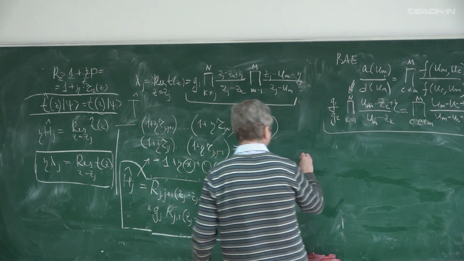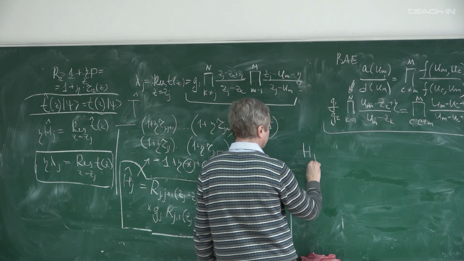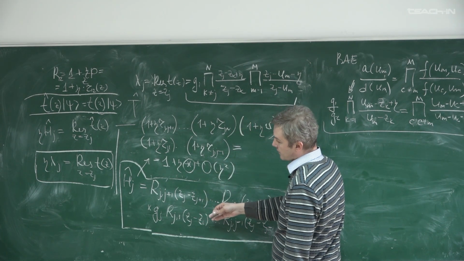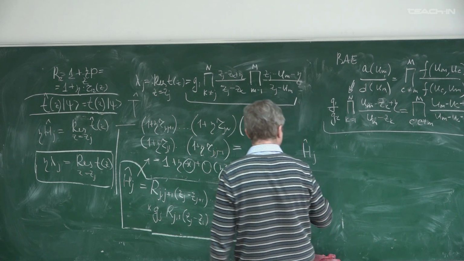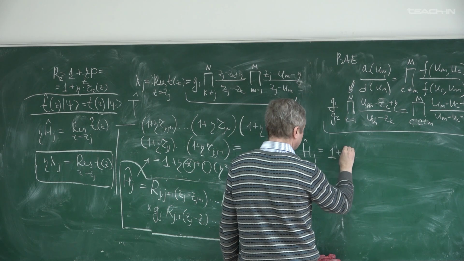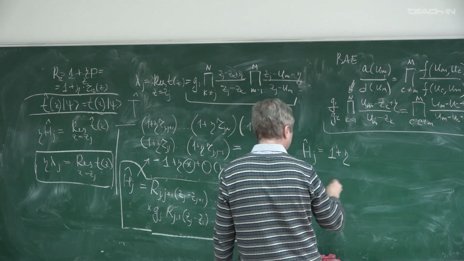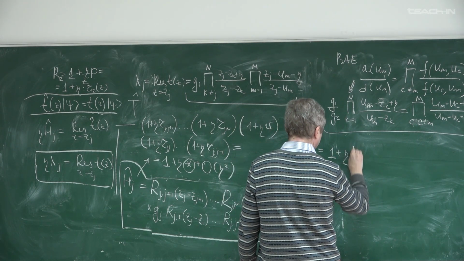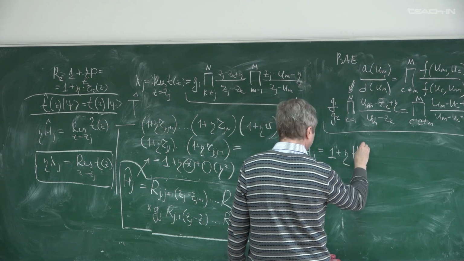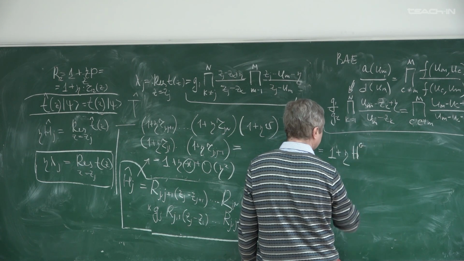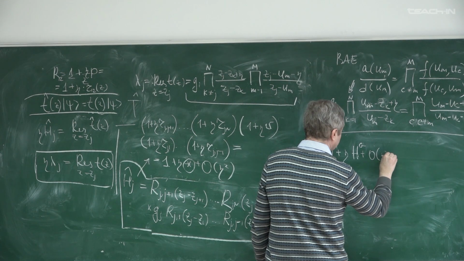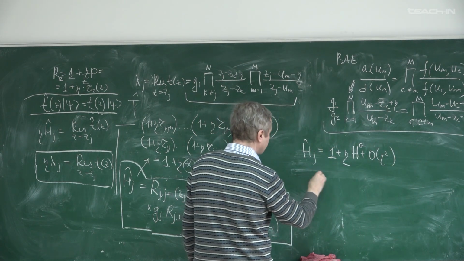For this Hamiltonian of quantum spin chain, we use decomposition, not decomposition but expansion, I'm sorry. And the first non-trivial term of this expansion is what is called the Gaudin Hamiltonian.